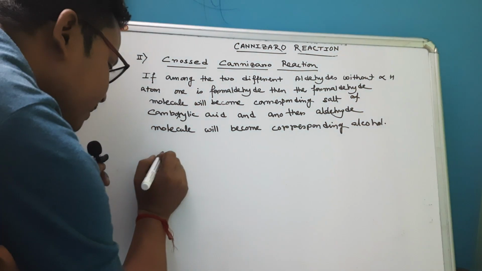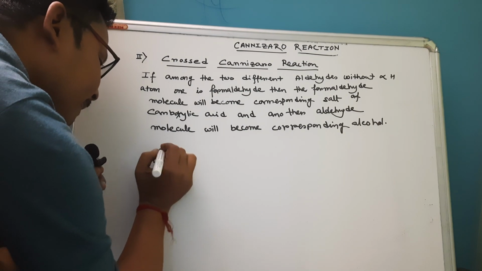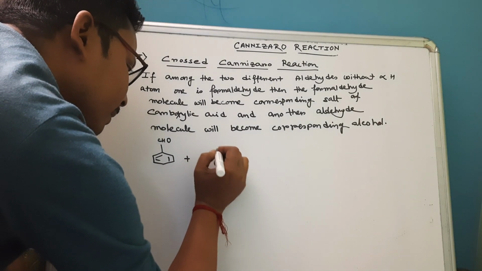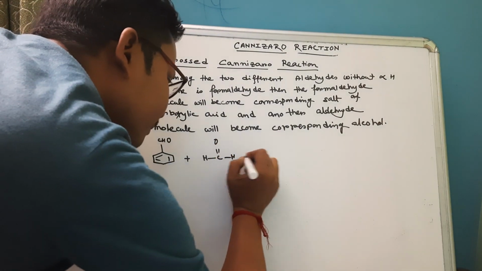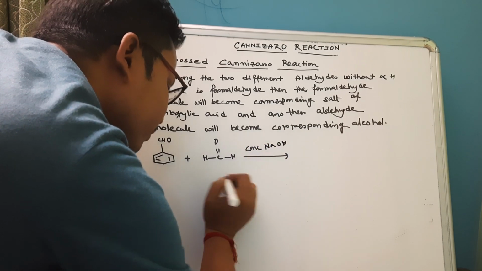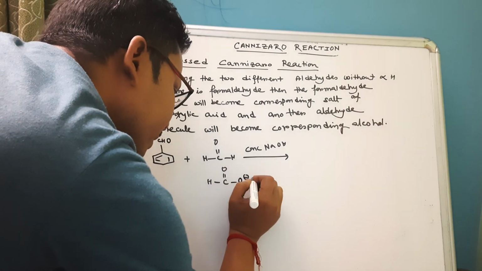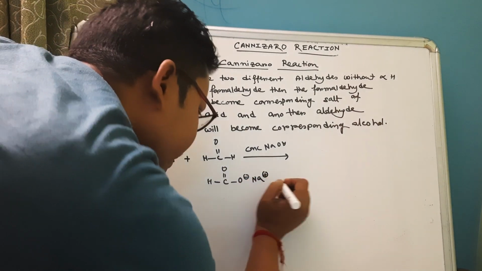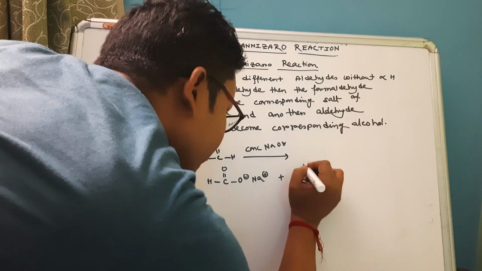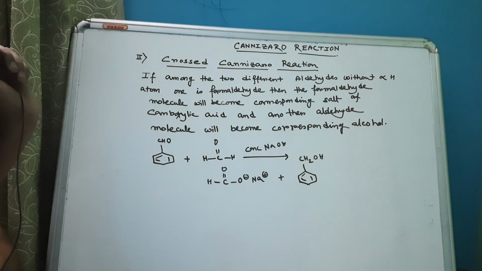Okay, so let's take an example: benzaldehyde, and this is formaldehyde, with concentrated NaOH. Formaldehyde will become the sodium salt of formic acid, sodium formate, and benzaldehyde becomes benzyl alcohol. Okay, no other products will be formed here.